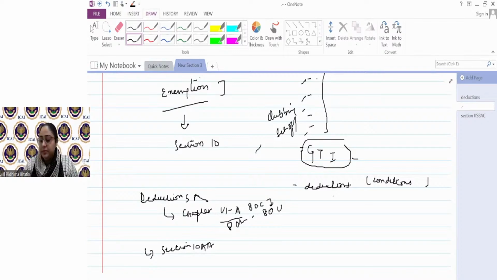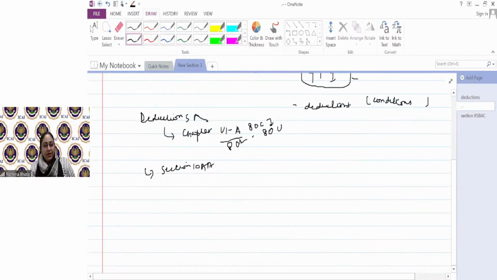Then there are certain general deductions, which are deductions under Chapter 6A, that are not allowed on certain special income. Like you do not get deductions on your casual income.